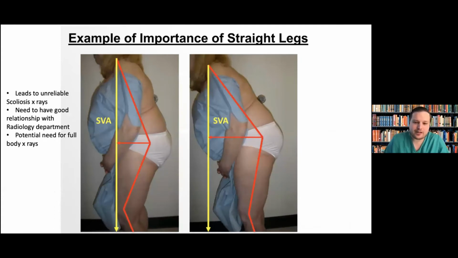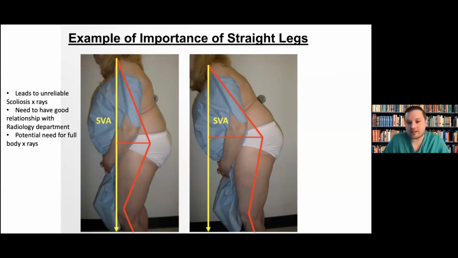Another element that also contributes to this is that scoliosis x-rays have to be performed correctly. In these two examples, you have dramatically different SVAs, and it's all due to not executing the scoliosis x-ray appropriately. So when you start planning your procedure, you need to make sure that you have a good relationship with the radiology department to ensure that these patients are straightening their legs, that you are getting an accurate reading.